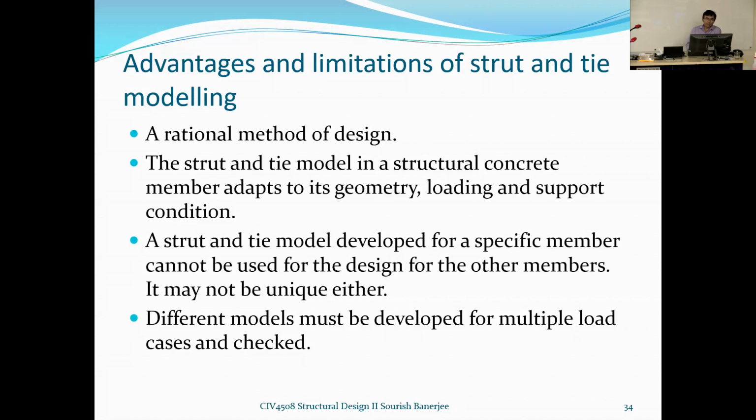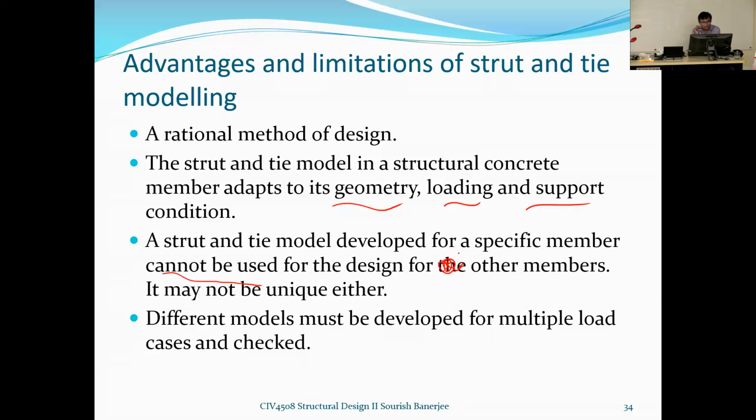Now the strut and tie model in a structural concrete member adapts to its geometry, loading, and support condition. Very important. We'll come into the geometry also. One of the important things here is it is the geometry which comes into the picture. We'll see later on how. A strut and tie model developed for a specific member cannot be used for the design of other members. It may not be unique either.